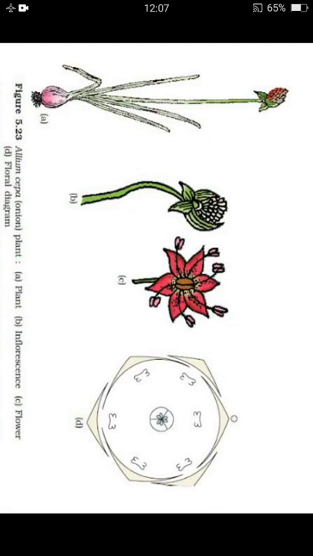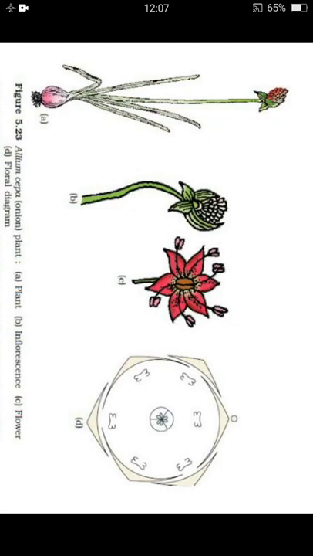Please see diagram C. It means a flower where the stamens are attached to petals is called epipetalous. Please make a note of this point. Define epipetalous: where the stamens are attached to petals. Understood? How many stamens can be seen here? 3 plus 3 arrangement, like the petals, 3 plus 3.